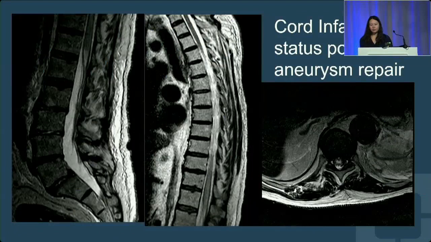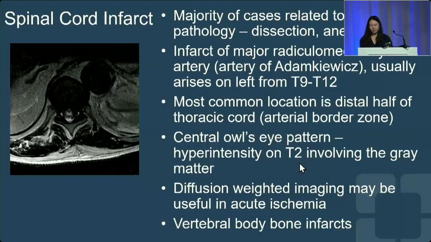Here's an example of a cord infarct, and so you can see the central gray matter is involved, and we have this characteristic feature called the owl eyes or double barrel finding. So this patient had a cord infarct after repair of an aneurysm and dissection.